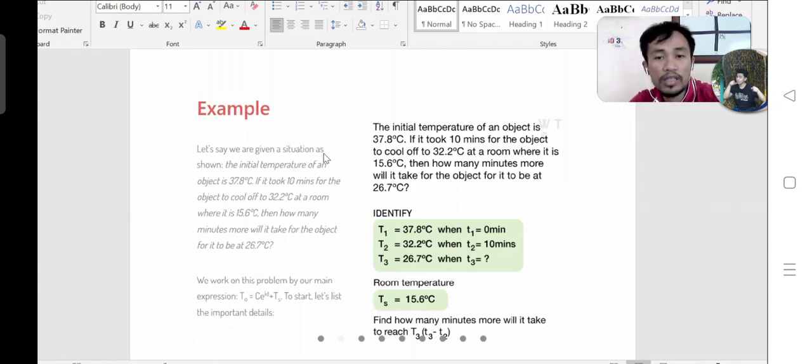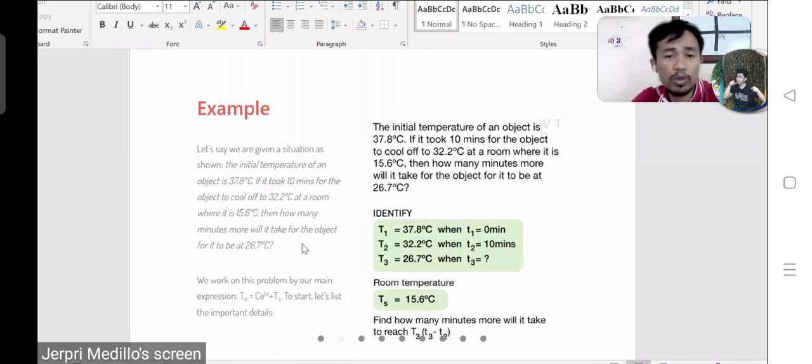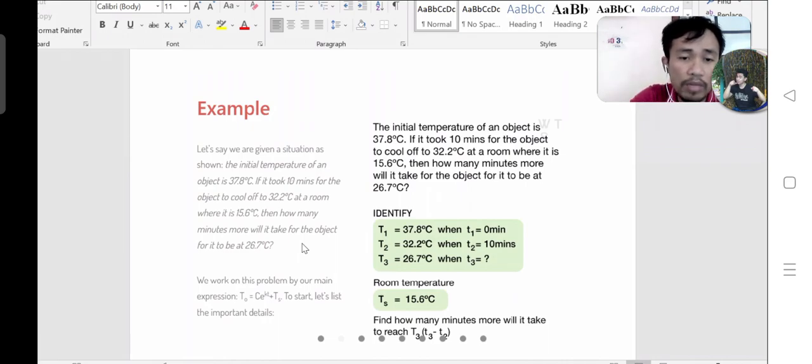Let's say the given situation shows that the initial temperature of the object is 37.8 degrees Celsius. It took 10 minutes for the object to cool to 32.2 degrees Celsius in a room that is 15.6 degrees Celsius. Then how many minutes more will it take for the object to reach 26.7 degrees Celsius?